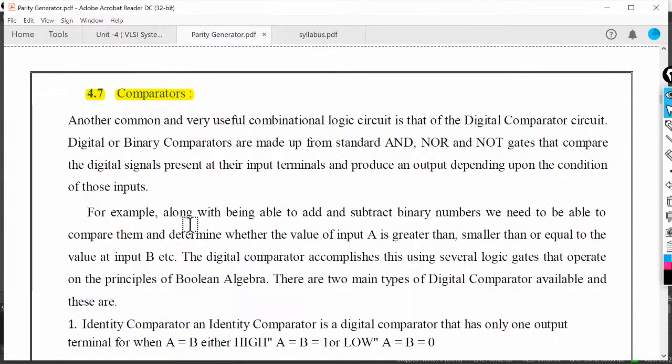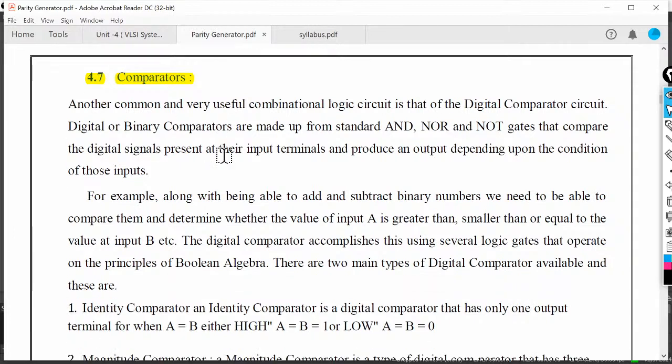If we consider the number to be binary, there may be two different versions of binary: one is unsigned and another one is signed. That means this type of comparator, or any comparator, can work in signed comparison along with unsigned comparison according to requirement.